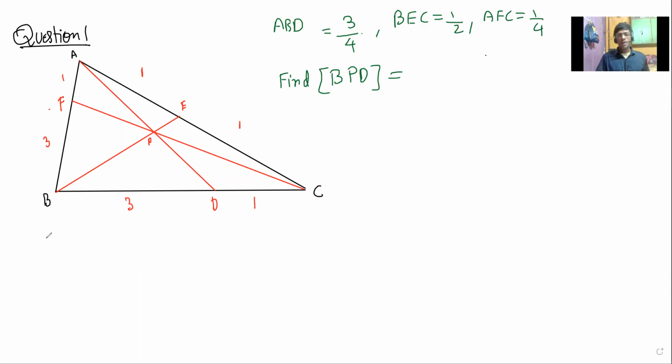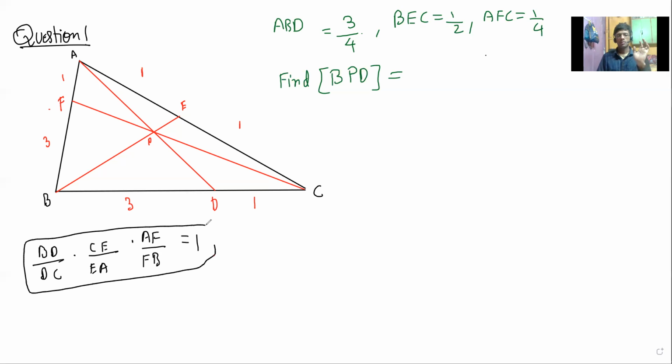If we have 3 lines which are concurrent, then we say BD by DC, going cyclically, times CE by EA, times AF by FB, is 1. That's all.